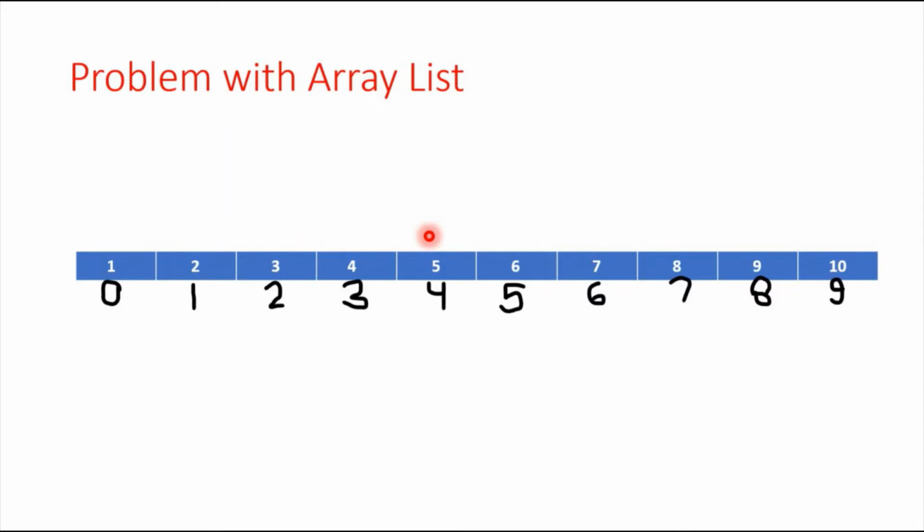All the elements are located at the very next location in the memory. Means if we talk about this, the second box is on the very next of the first box. Each cell is on the very next of the previous cell.